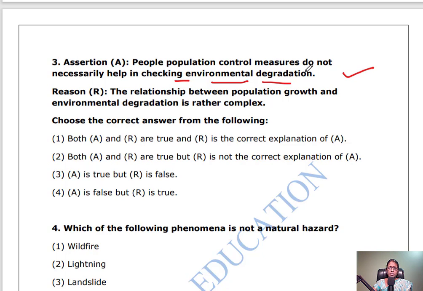The relationship between population growth and environmental degradation is rather complex. These two things are complex. We cannot come to the control of population and also the degradation of environment. So they both are complex. So both A and R are true and R is the correct explanation of A.